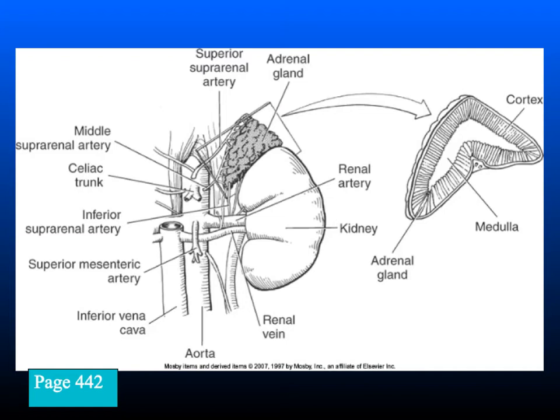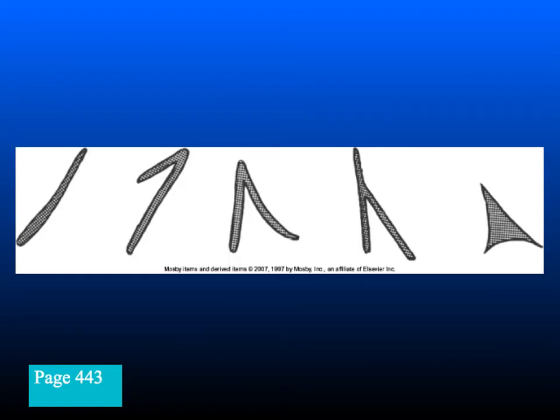So let's go to next slide. These are the shapes of the adrenal glands that you would see on CTs and MRs. Sometimes they look like a hook. Sometimes they look like a tent like that. I think we're going to see one of these shapes later on in one of the CT scans.